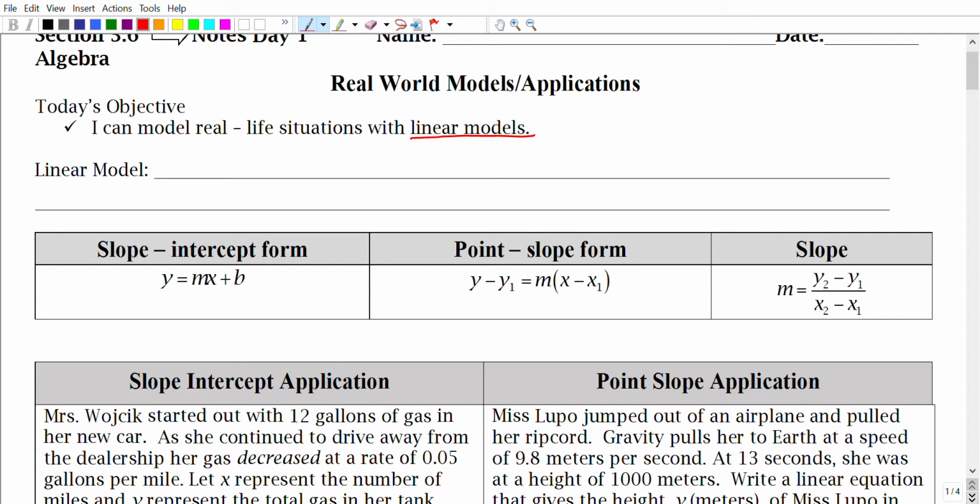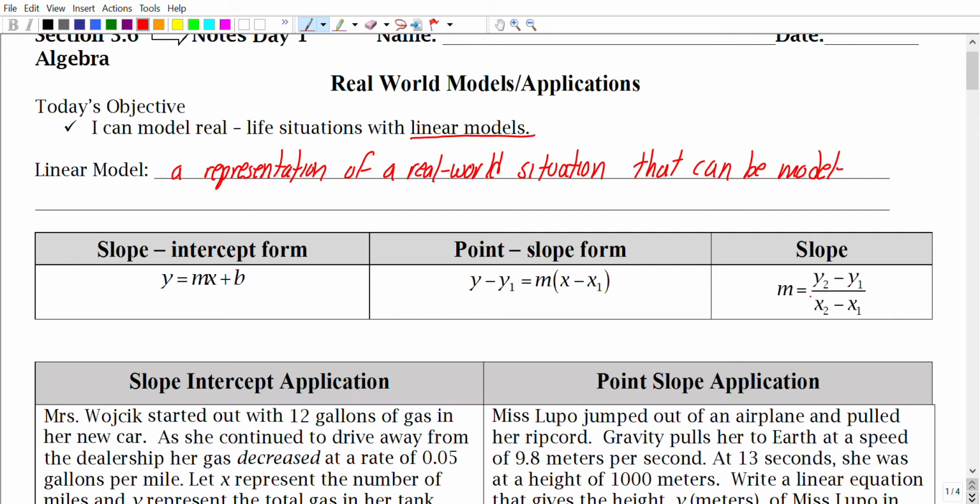A linear model is a representation of a real-world situation that can be modeled using a linear equation, just like the ones that we have been using this entire chapter.